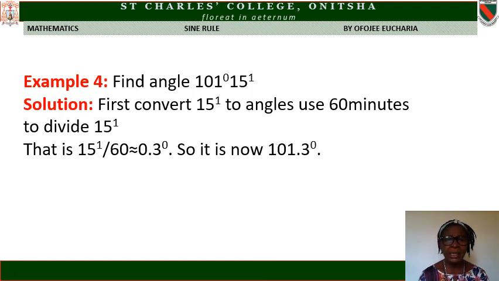And to convert that 15 minutes to degrees, we divide it by what? 60. And so when we divide it by 60 and approximate it to 1 decimal point, we have 15 minutes to be 0.3 degree. And so what you have as the answer now, which you can comfortably go with in the calculator or in the four-figure table, is 101.3 degrees.